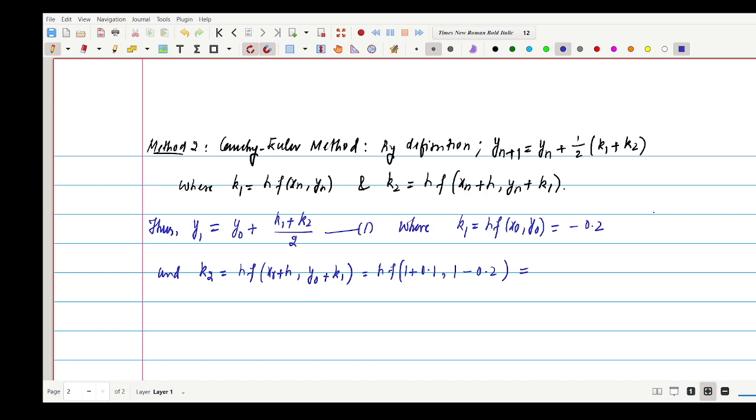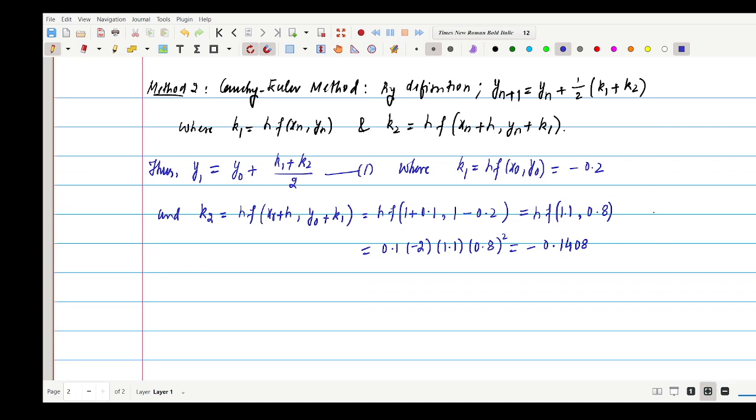So this is equal to h f of 1.1 comma 0.8. Now using the definition of f of xy and the variable h, this is 0.1 into minus 2 into 1.1 into 0.8 whole square, and this becomes equal to the value for k2 here.